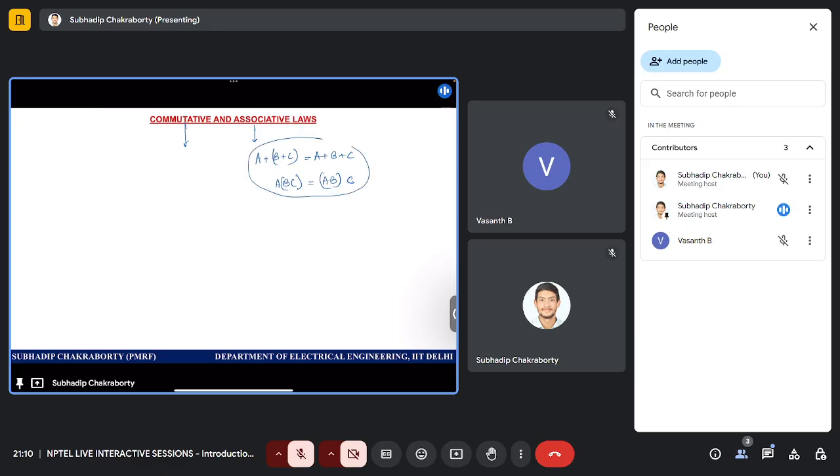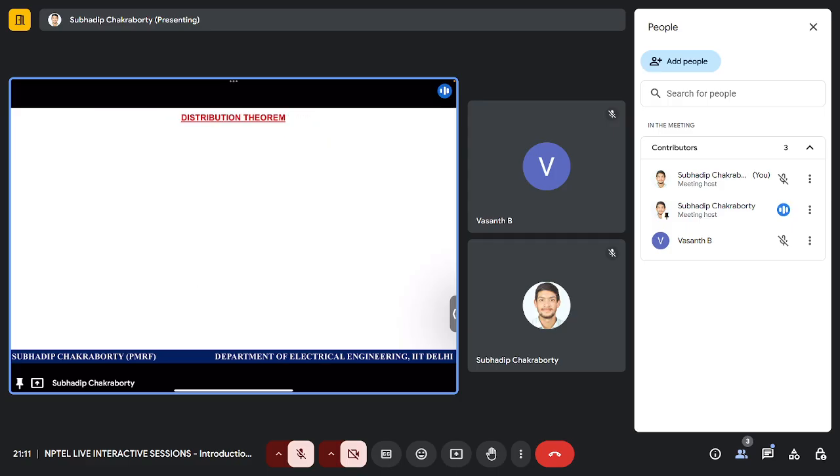And commutative means you can interchange, like A plus B is nothing but B plus A, or AB is nothing but B dot A. These are commutative properties. But you must understand that A bar B and A B bar are not the same. Similarly, (A plus B) bar does not mean A bar plus B. So here the properties do not hold true. You cannot interchange.